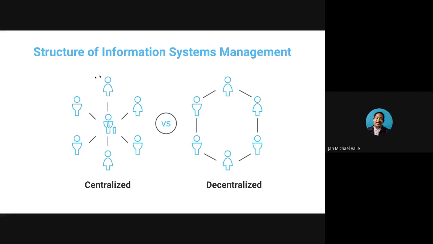So usually it would look like this, wherein the power of the control is within IS or IT, and then maybe the functions would just ask something from the IT department, for example, a new technology.